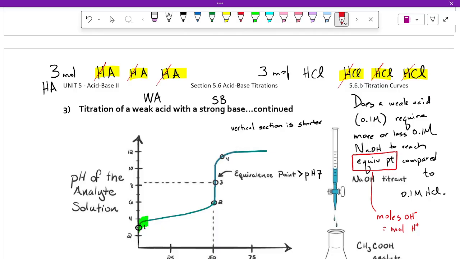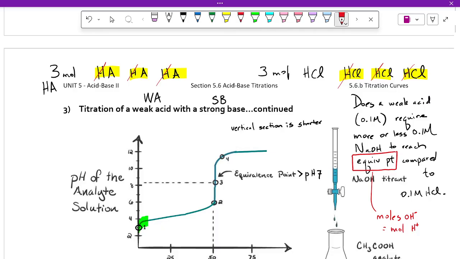Does it require any more or less? No. The only thing that's different is that in HCl, the H is already off in solution, whereas in the HA, the NaOH actually needs to rip it off of the acid. But the equivalence point will be the same if we have the same concentration and volume of acid. We good with that?